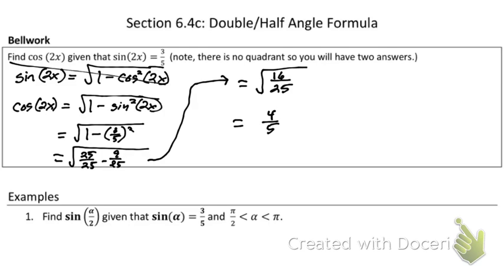Now, I didn't give you a specific quadrant. And since we are taking the square root of everything, we have to stick with the fact that it's either plus or minus, so it's plus or minus 4 over 5, which is A.